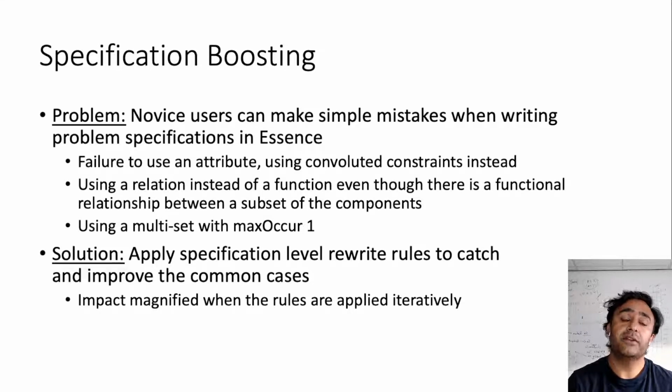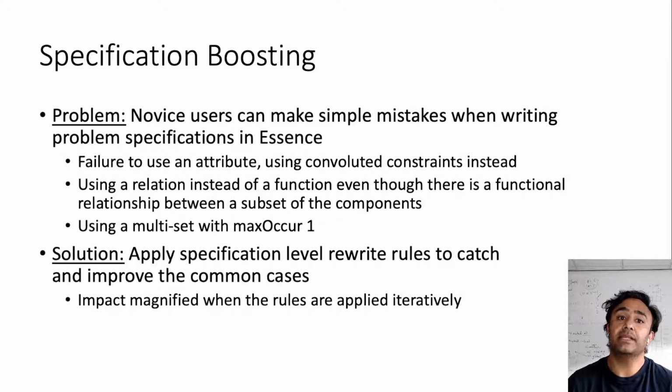Our solution that we are proposing here is that we have a collection of specification level rewrite rules to catch and improve these common cases. And the impact of these rules is magnified when the rules are applied iteratively. So you may not really have someone who writes, I have a multiset with maximum occurrence 1. That would be quite silly. Even a novice user may not write that.